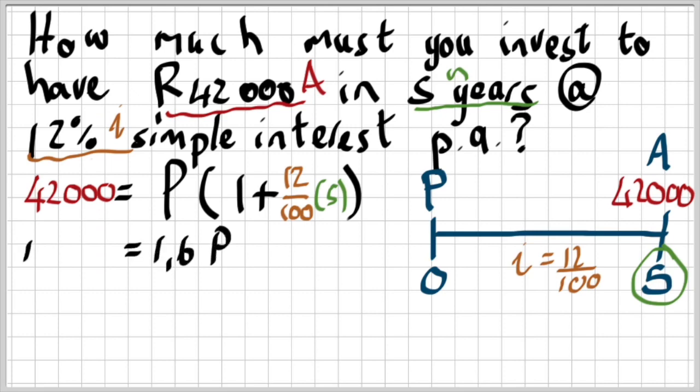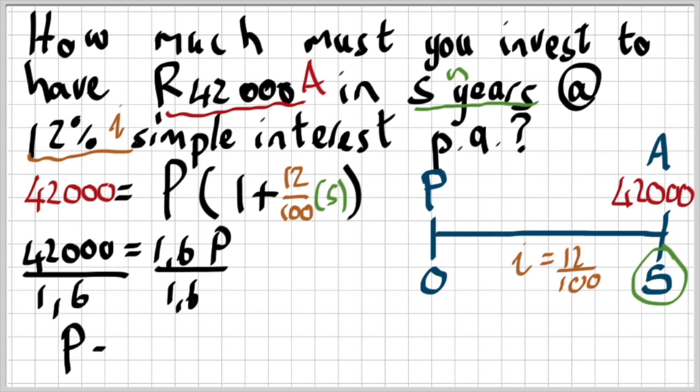So I'm going to calculate that bracket, which is 1 plus 12% times 5, that gives me 1.6P. How do I get rid of the 1.6 times? I'm going to divide both sides by 1.6.